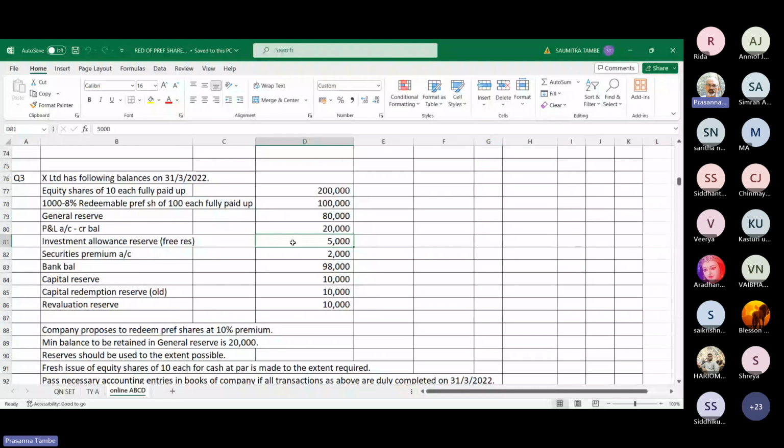So effectively you can use reserves to the extent of only 85,000. The source will be general reserve 60, P&L 20, and 5,000 of investment allowance reserve. Out of this, we can use up to 85, but we need 110. So that difference, between 85 and 110, will be met by a fresh issue of shares. Are you clear with my explanation?